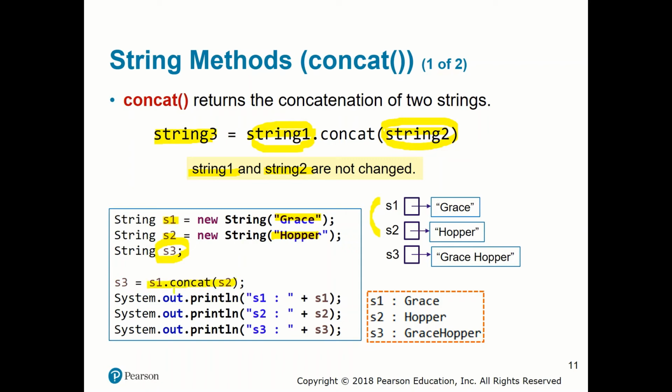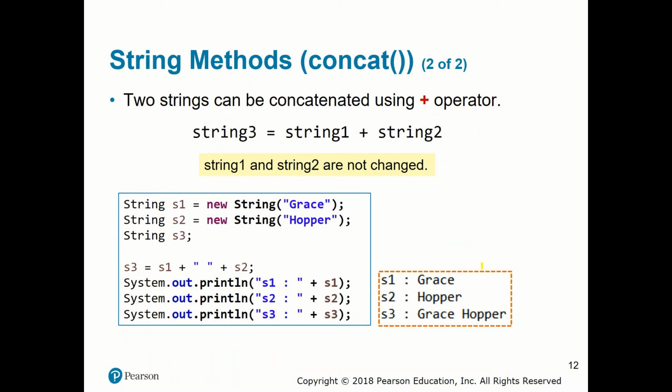This means that the concatenation of S1 and S2 will be returned here, and the object will be assigned to S3. So S3 will be created with S1 concatenated with S2. So S3 looks like this. And S1 and S2 are not changed. After this, if I print out, S1 prints Grace, S2 prints Hopper, and S3 is Grace Hopper.